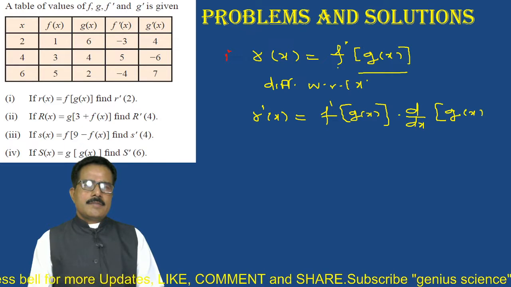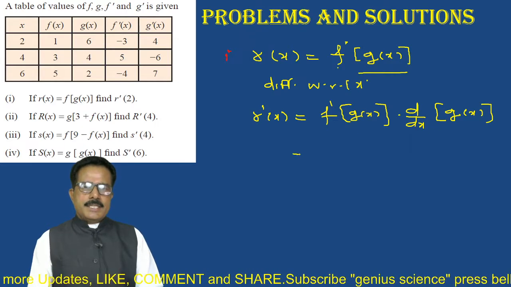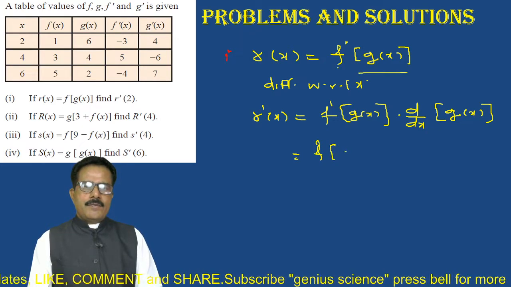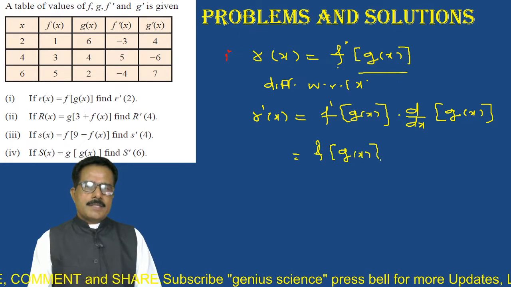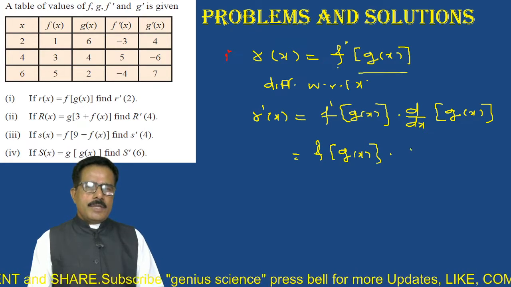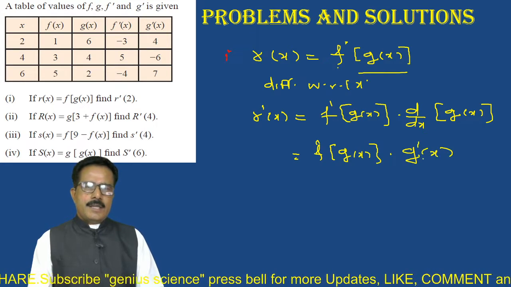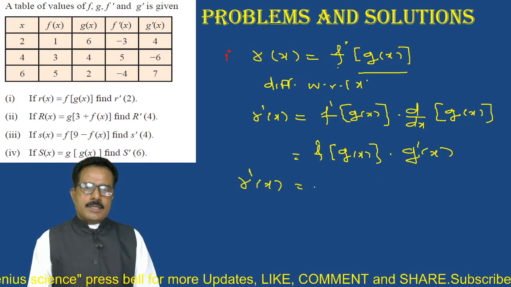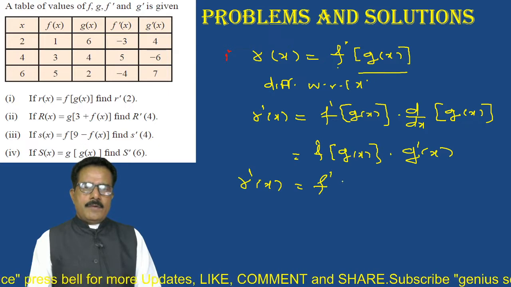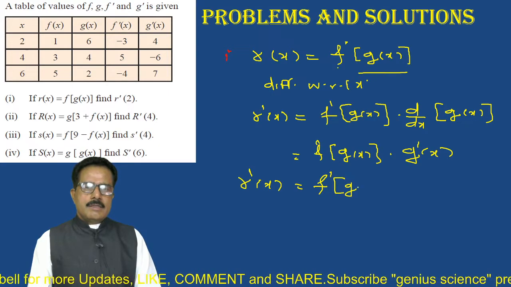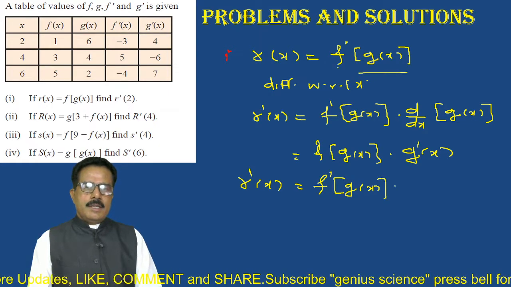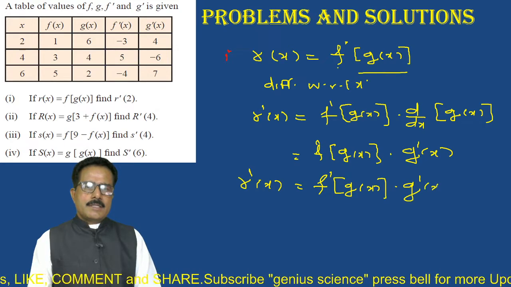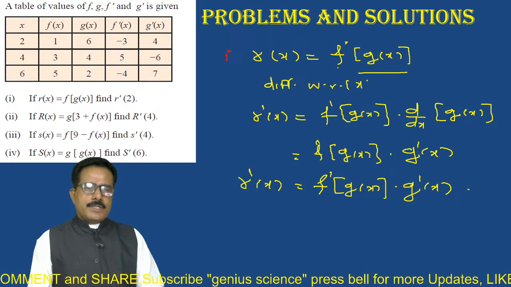Put this as it is: f dash of g of x, and the derivative of g of x is g dash of x. Thus we get the answer r dash of x is equal to f dash of g of x into g dash of x. Suppose this is 1.